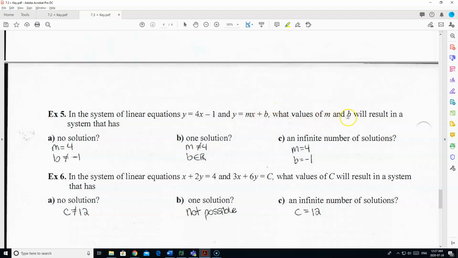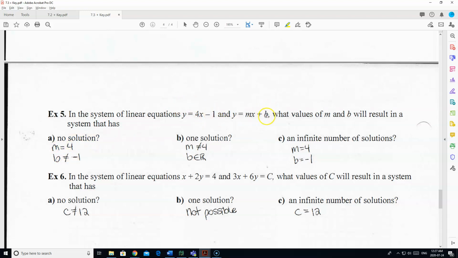So what values of m and b will result in a system that has no solution? It's the same sort of question, but now we're going to talk about m and b. No solution means that they're parallel and they have different y's. Parallel lines have the same slope, so m has to be 4, right? And then b could be anything except for negative 1, right?